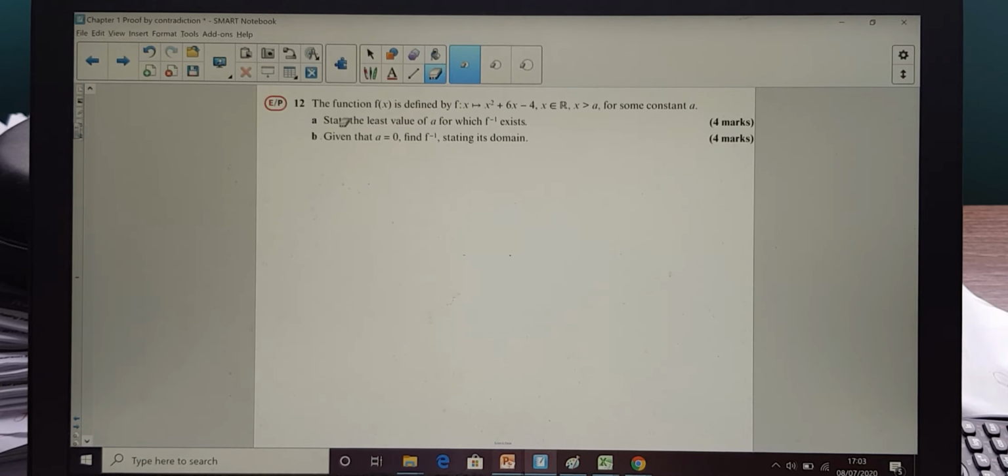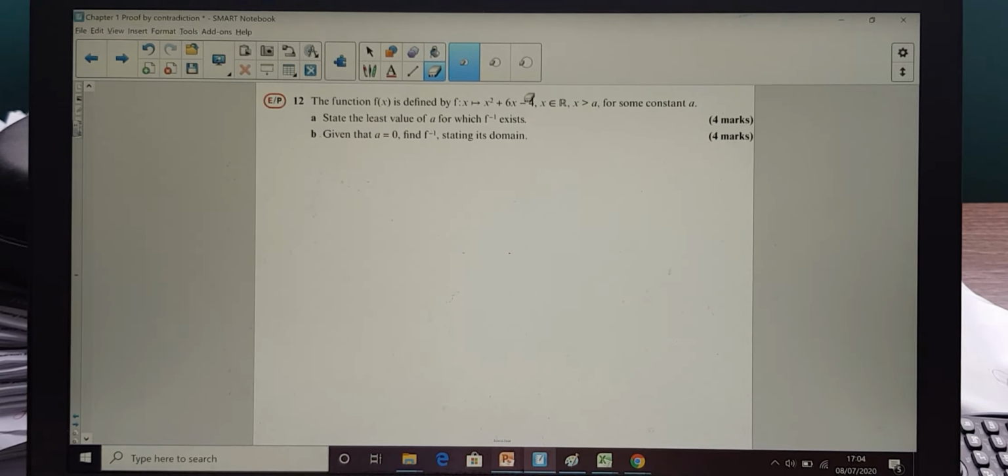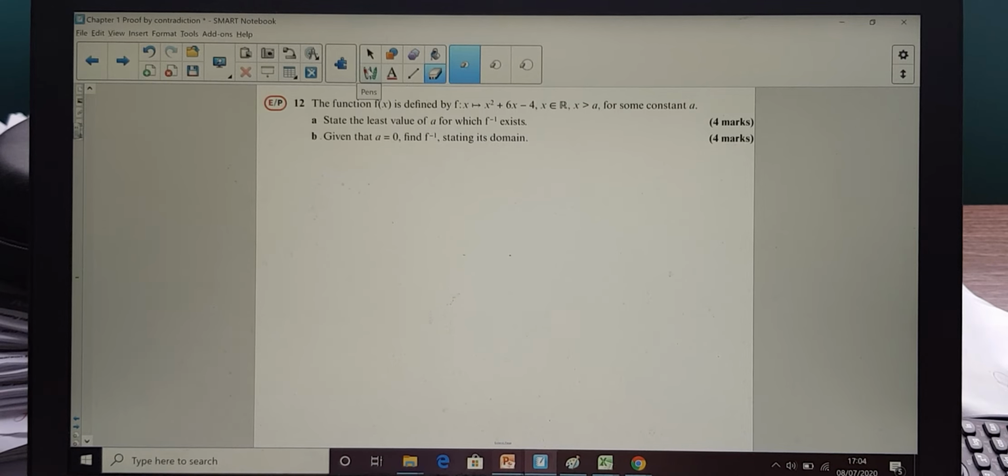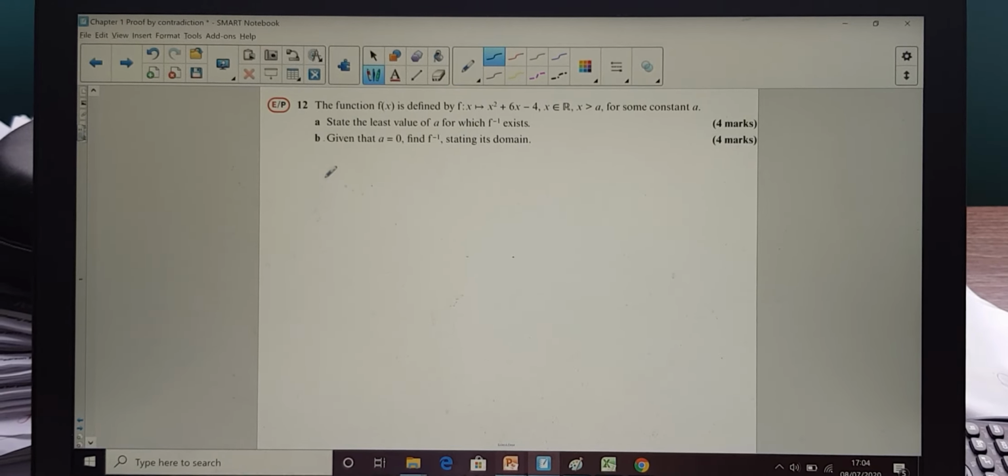So, looking at the question, the function is defined by that for some constant a. State the least value for a for which the inverse function exists. Well, basically I'm saying, what can I make the value of a which will make this function a one-to-one function? Well, it helps me a lot to look at the graph for that.